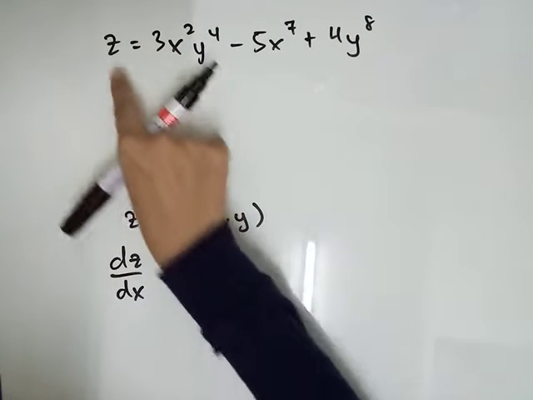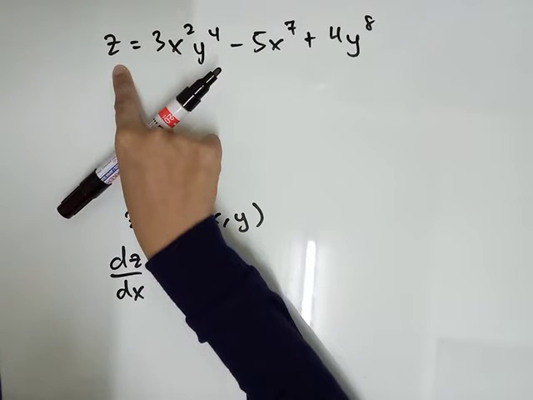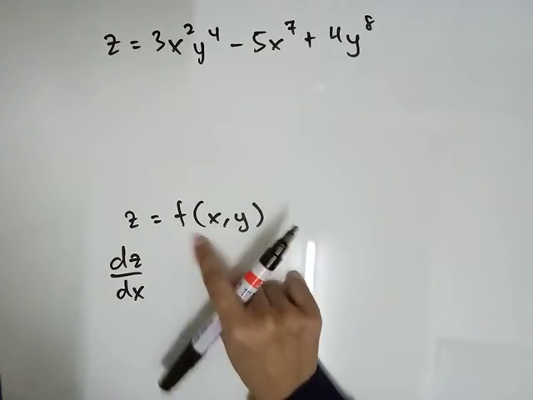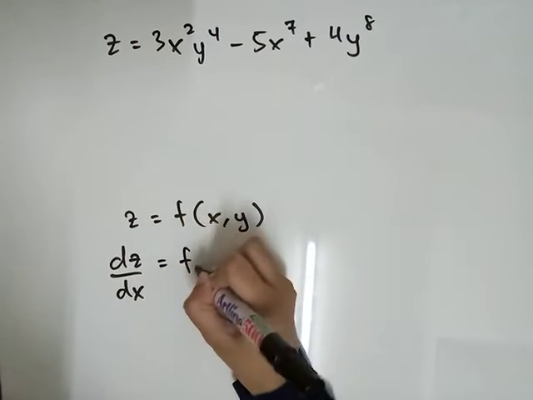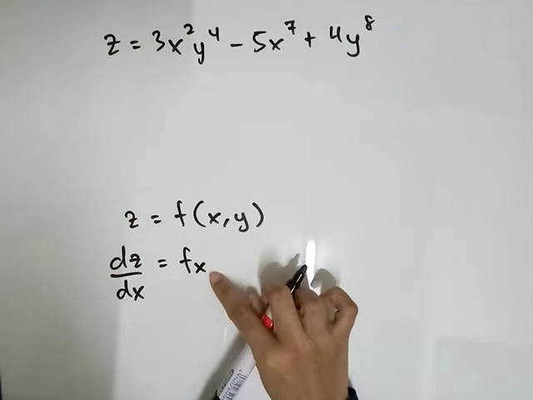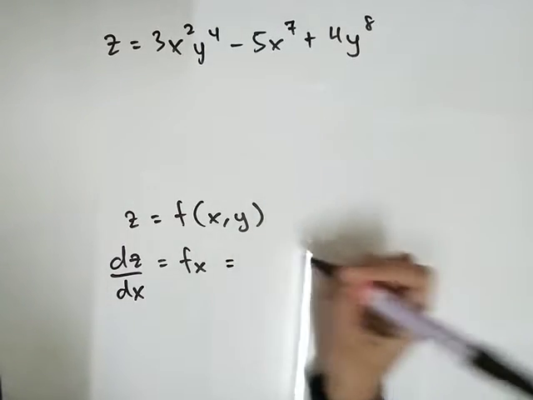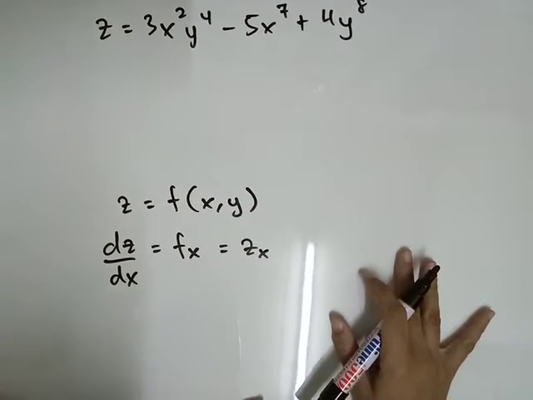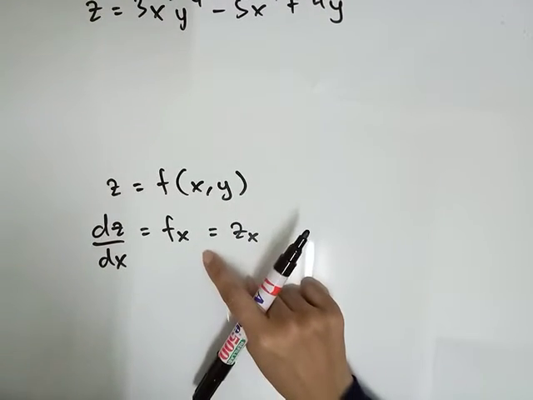When we want to differentiate z with respect to x, it will become dz/dx. Z is a function of two variables x and y, so when we differentiate z with respect to x, it becomes dz/dx, which is also the partial derivative of x, also equal to zx. That means this is the partial derivative with respect to x.